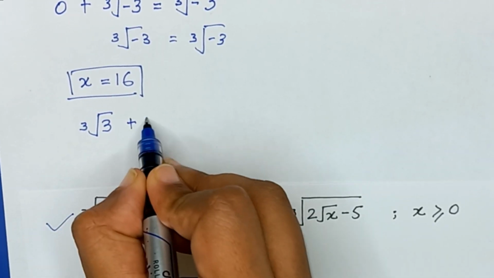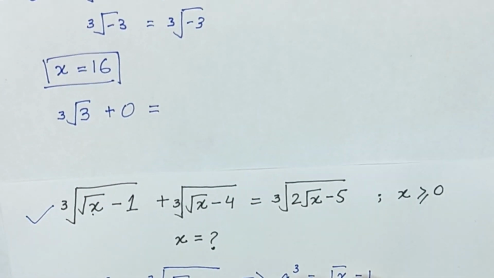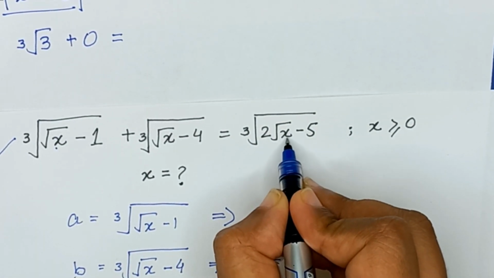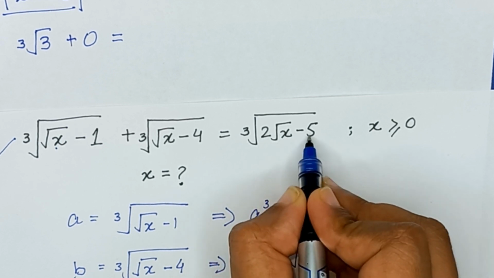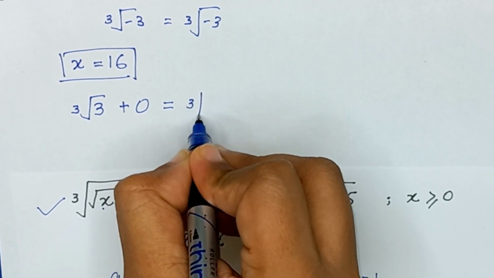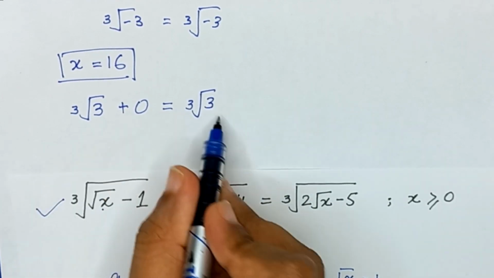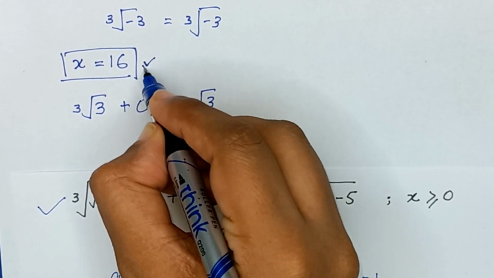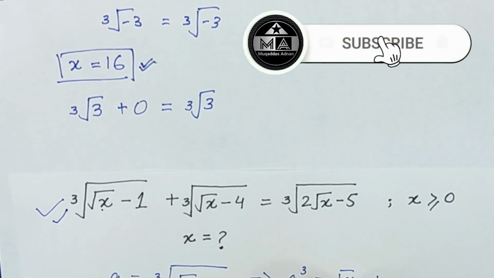So it will become plus 0, which is equal to square root of 16 will become 4. So 2 times 4 is 8. 8 minus 5 is 3. So it will become cube root of 3. It means again both sides are equal. So the value of x also satisfies this given equation.